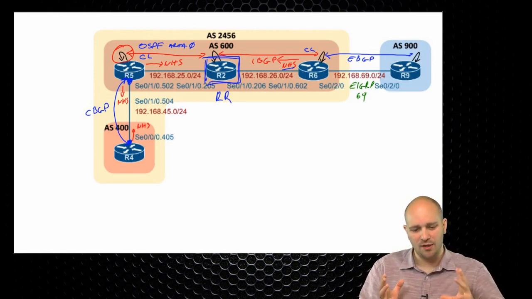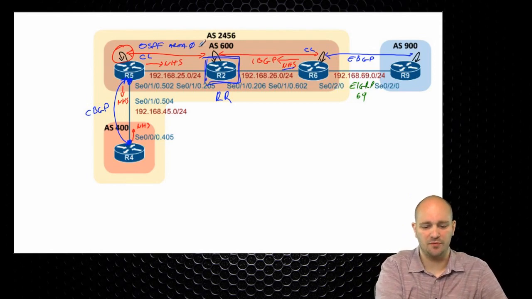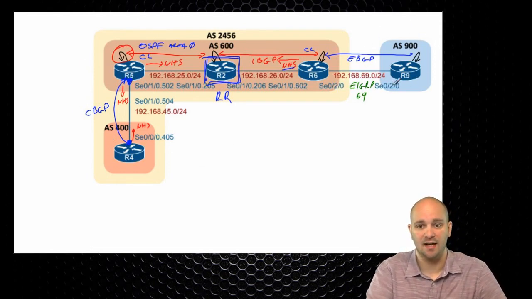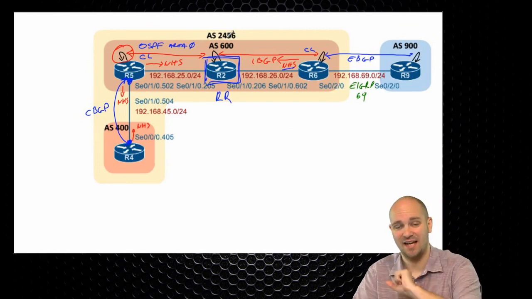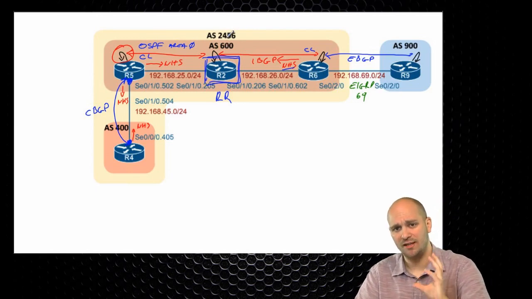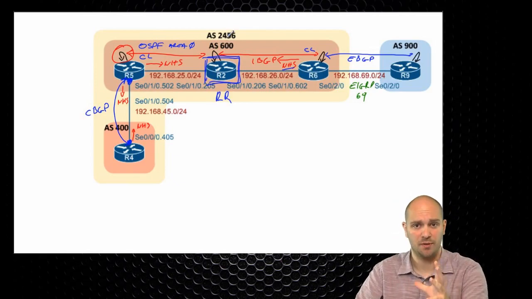So this is telling you that between themselves they will know the difference between AS600 and AS400, but when the rest of the world, like for example our AS900 here, sees them, they perceive them as AS2456. In that case, they're actually telling you implicitly that they want you to configure the BGP confederation.